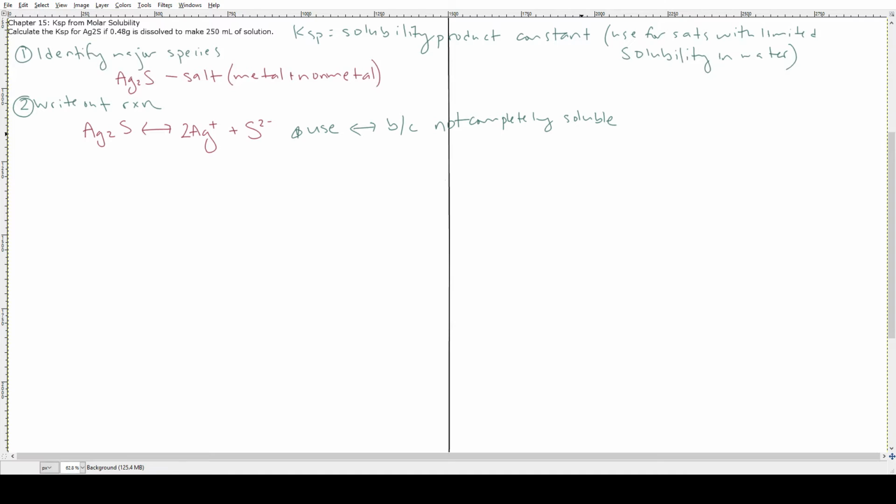All right, now step 3. We will either do a dilution or write the equilibrium expression. In this case, we are mixing a solid in a certain volume of water, so it's not necessarily a dilution, but there will be a molarity involved. I'm going to go ahead and write my equilibrium expression first.